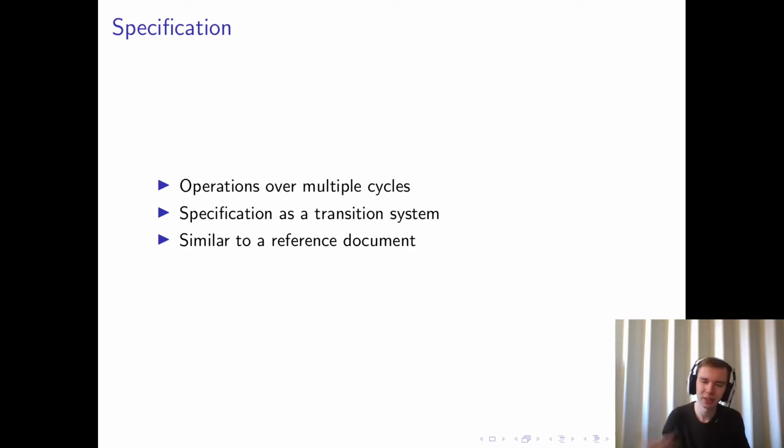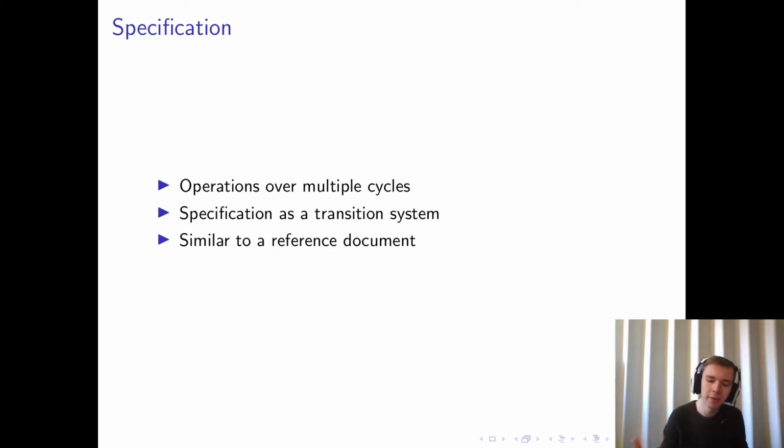And this specification is thus also super similar to reading a reference document of, say, an instruction set, where we can read this instruction affects these registers or these memory addresses, or affects these flags, and might behave differently depending on the status register that is in the core.